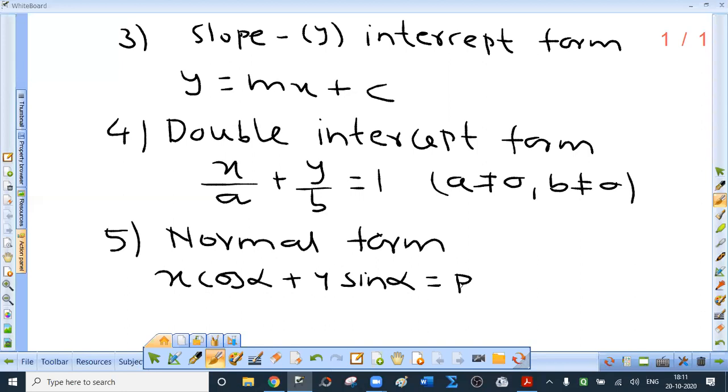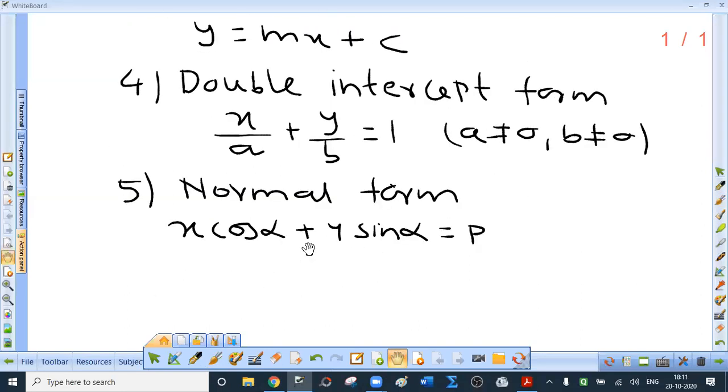Next line, note. Alpha is not the inclination of the line. Actually, you can prove this from this equation also. How? See, write this equation in y equal to mx plus c form. Means what? Y sin alpha equal to minus x cos alpha plus p.